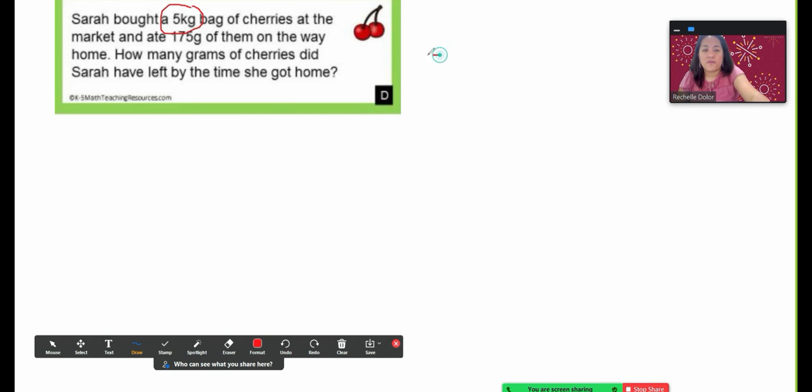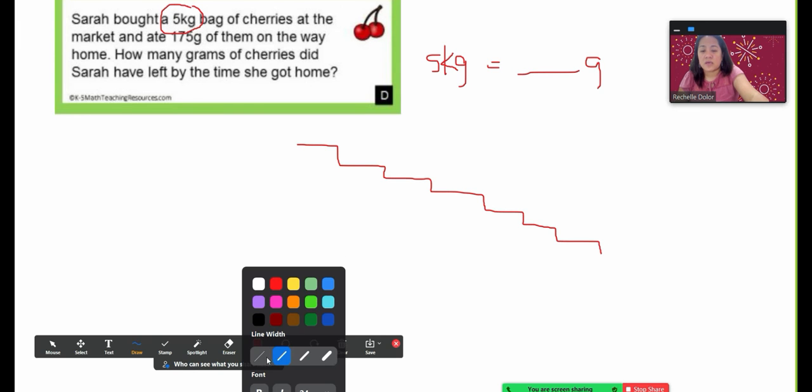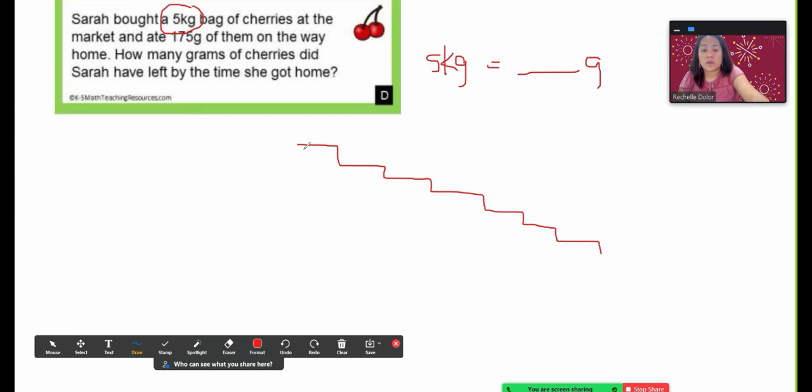So 5 kilogram, we need to find that in grams. So we need to use the ladder 4, 5, 6, 7. Okay, so kangaroo helps dingo because dingo can't multiply.